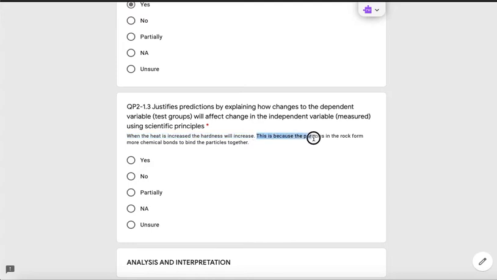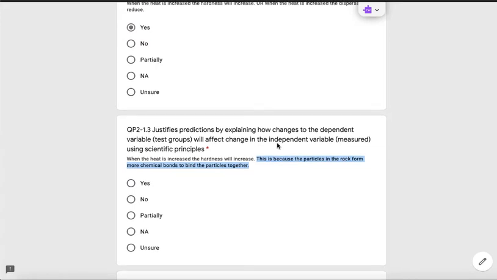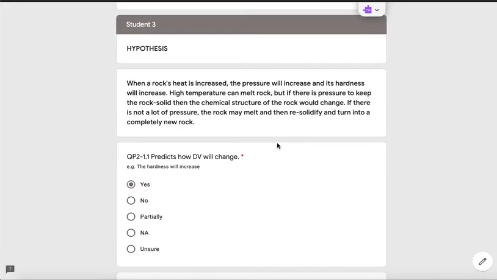This is because the particles in the rock will form more chemical bonds and bind tighter together. Have they explained it like that with scientific theory here? They've said if the pressure is there, to keep the rock solid, then the chemical structure would change. They've sort of started to get there.